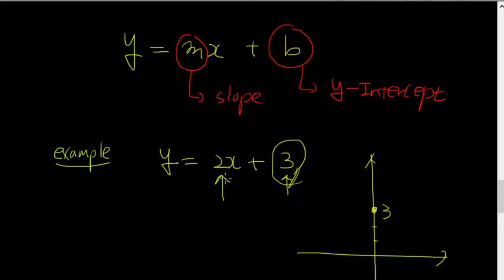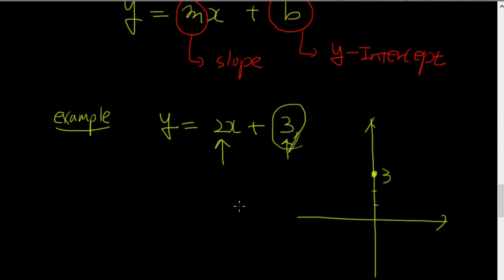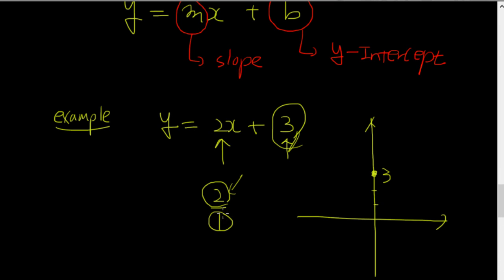Now, what about this slope 2? Well, you can think of this 2 as 2 over 1. Remember that in one definition of slope, the top number was the change in y, and the bottom number was the change in x.